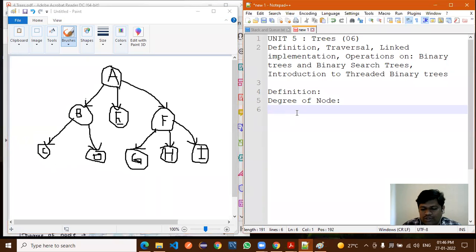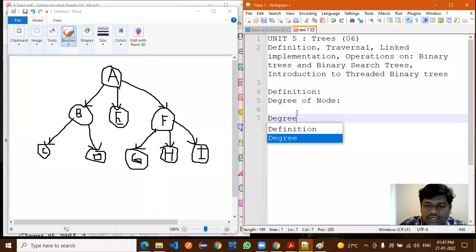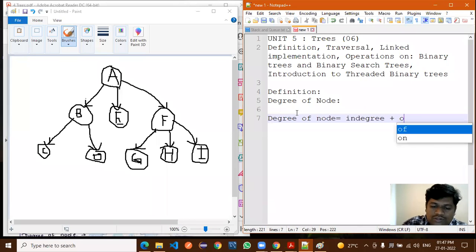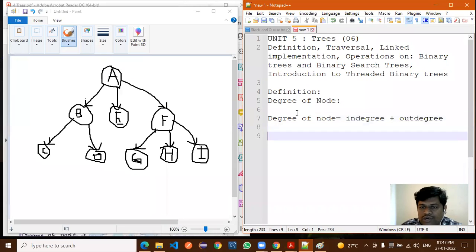Right. Now, what is the definition of degree of node? The number of branches associated with the node is called the degree of the node. We calculate it as degree of node equals in degree plus out degree. So what do you mean by in degree?